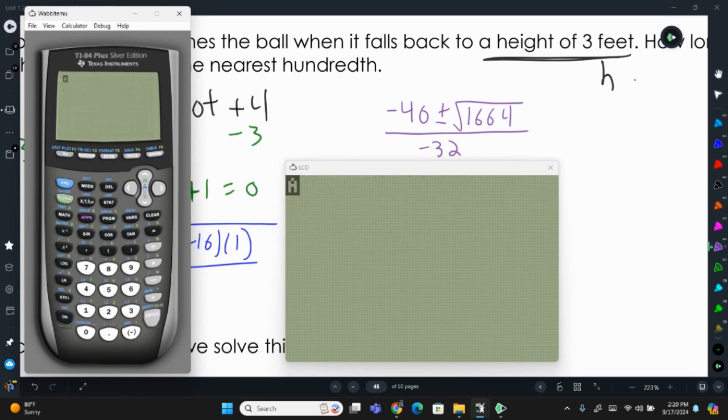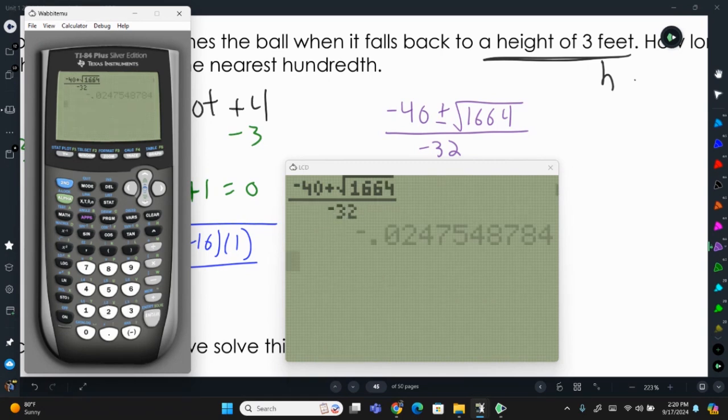We're going to do a fraction, so negative 40 plus the square root of 1,664 over negative 32.